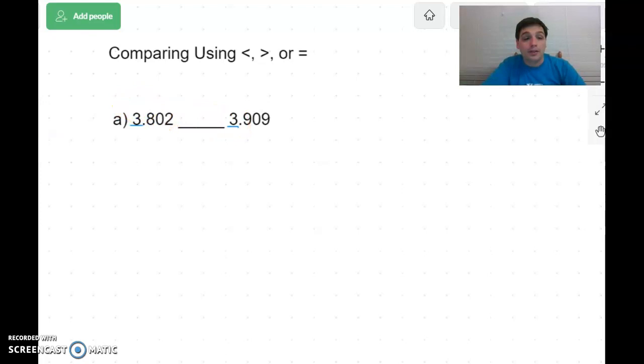We need to move to the tenths. I have 8/10 here and 9/10 here. So I have to think, my tenths is my next biggest one. Yes, I have 909 over here and 802 over there, but my tenths are bigger. So I have to make sure that my tenth right here is my bigger one. So I would say 3 and 802 thousandths is greater than 3 and 909 thousandths.